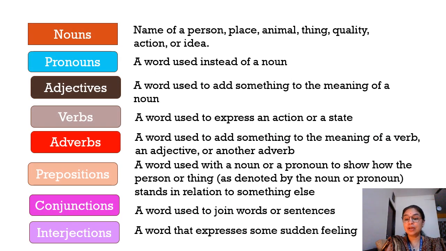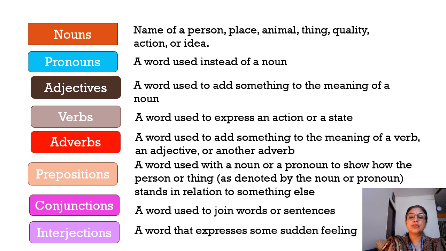Now let's recall. The noun is the name of a person, place, animal, thing, quality, action, or idea. The pronoun is a word used instead of a noun. The adjective, a word used to add something to the meaning of a noun. Verbs, words used to express an action or a state.